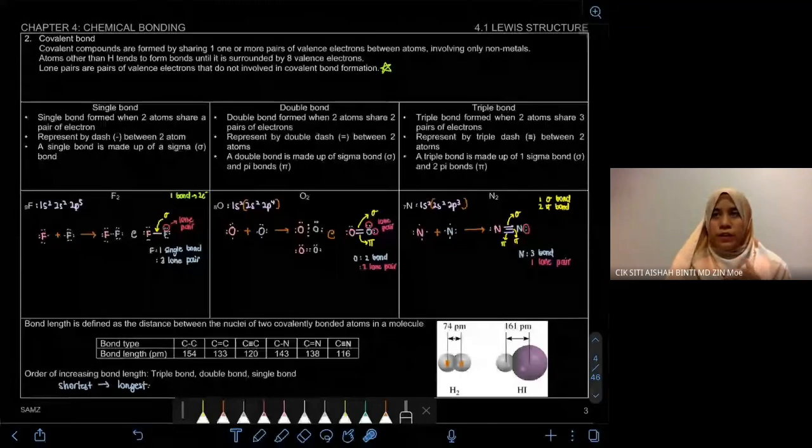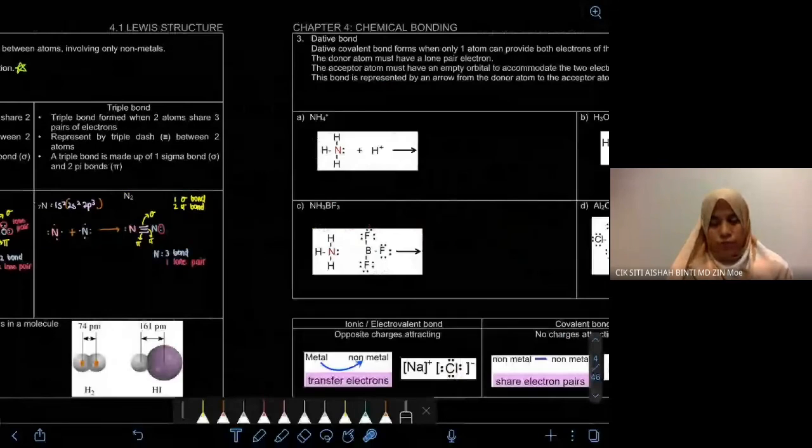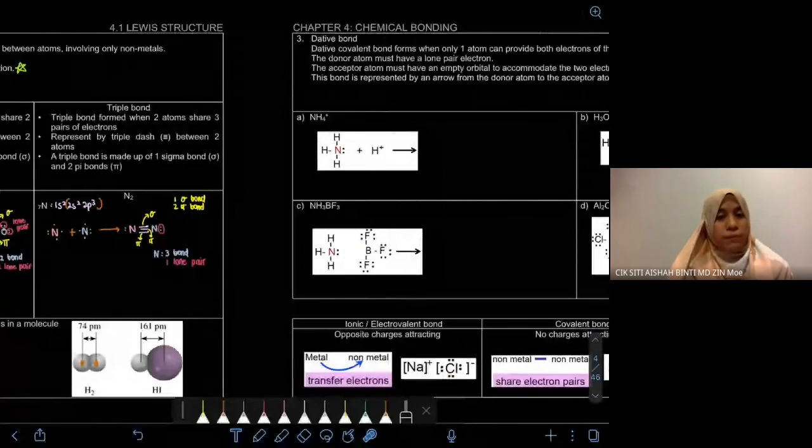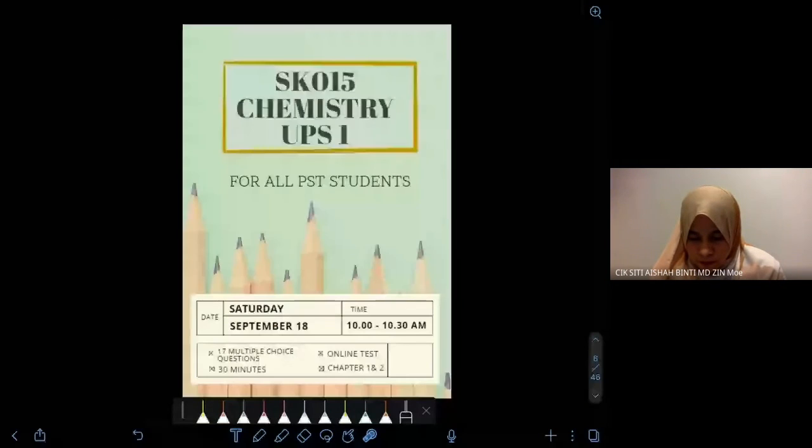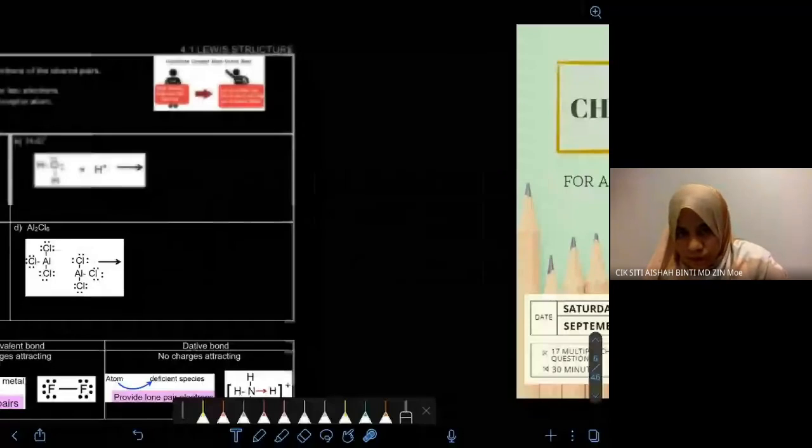So for kelas kita pukul 11 sampai 1 tu dative bond, next page tu, and a bit of summary of the 3 bond that we have learned. Dengan nanti kamu akan belajar page 5 ni. Alamak. Sekejap.